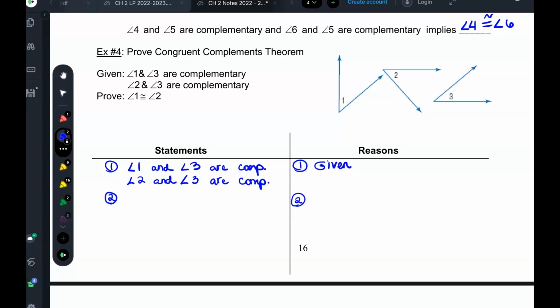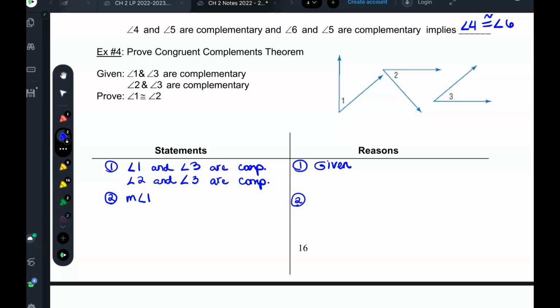Do you have something other than the complement theorem on that paper? Do you see anything that says something about complementary angles? Definition of complementary angles. What does the definition of complementary angles say? It says the angles add up to 90. Okay, so I'm going to put a little m in front of angle 1.